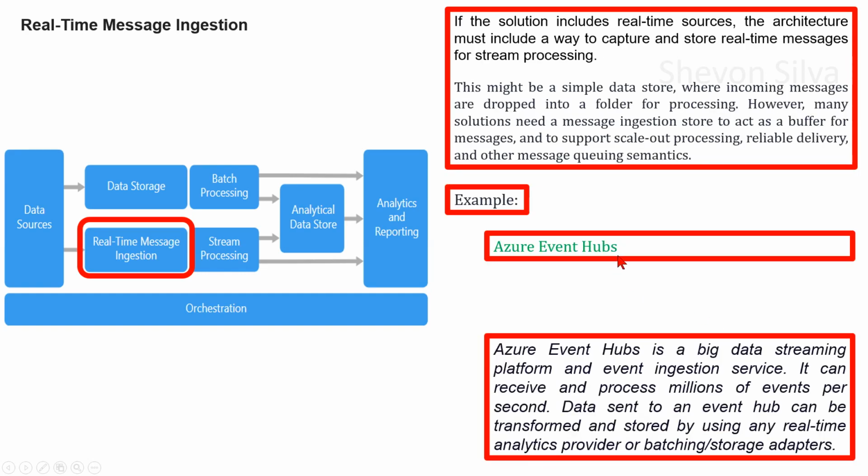As an example, we can consider Azure Event Hubs. Azure Event Hubs is a big data streaming platform and event ingestion service. It can receive and process millions of events per second. Data sent to an event hub can be transformed and stored by using any real-time analytics provider or batching storage adapters.